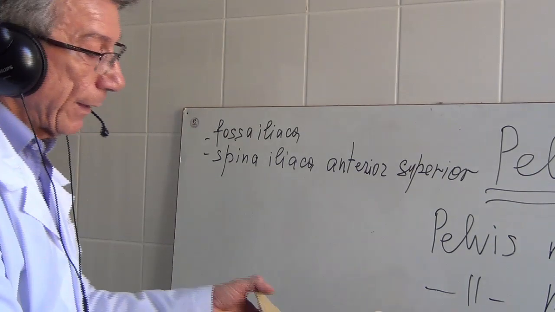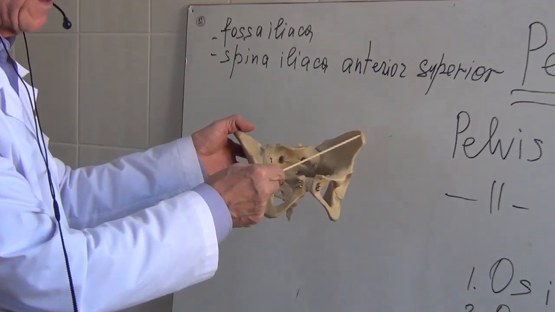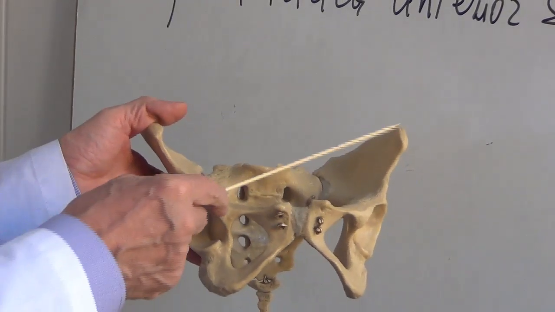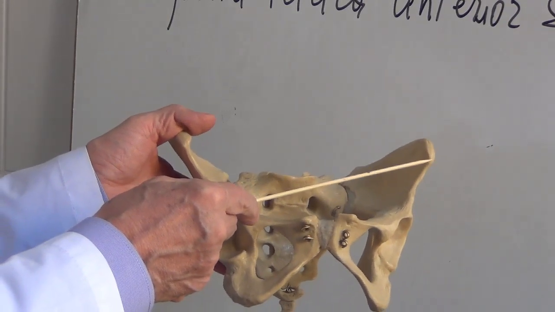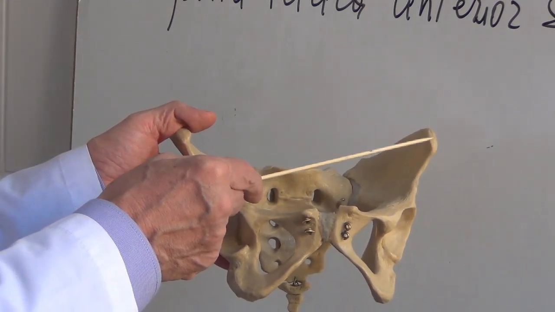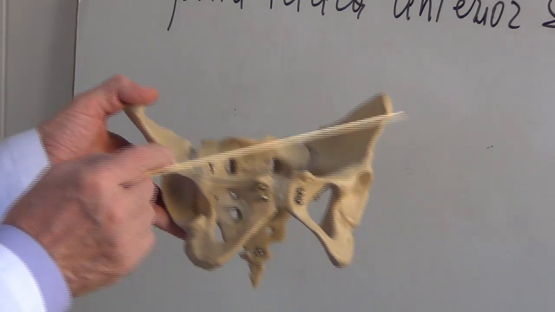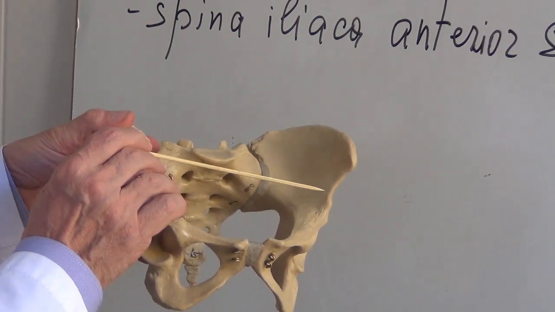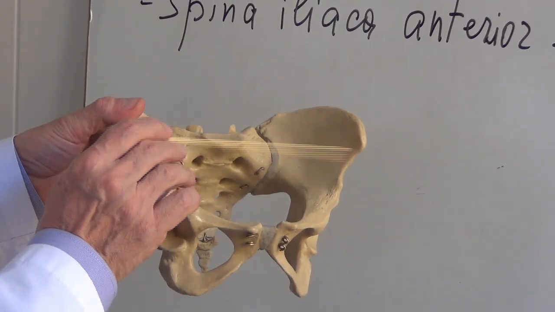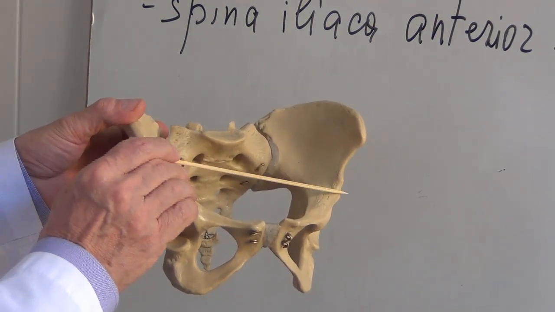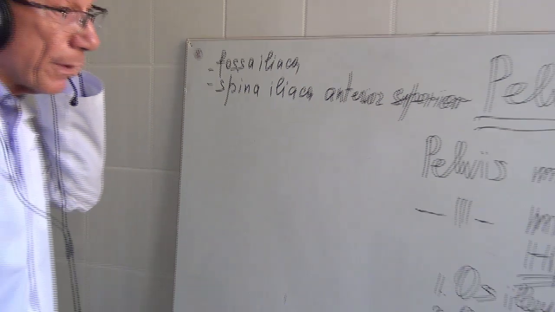This part, each of you can easily palpate on yourselves. And if person is not overweight, we can see these structures without any palpating. And close to it, but more inferiorly, we can find spina iliaca anterior inferior, this one. But this structure could not be palpated.